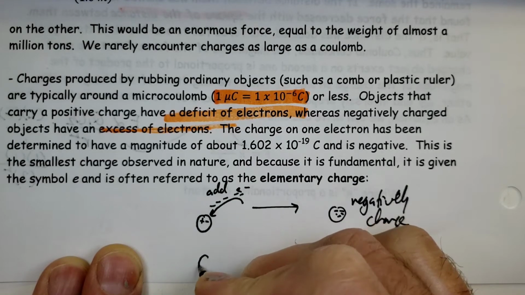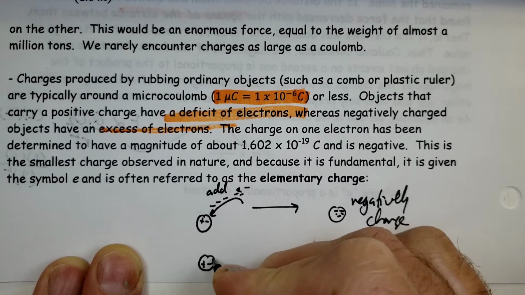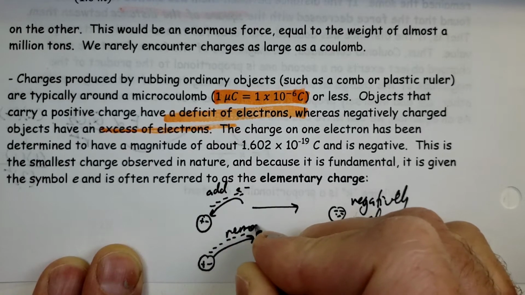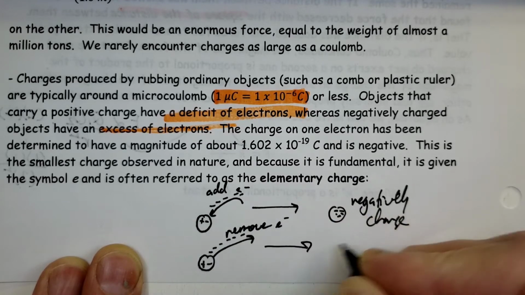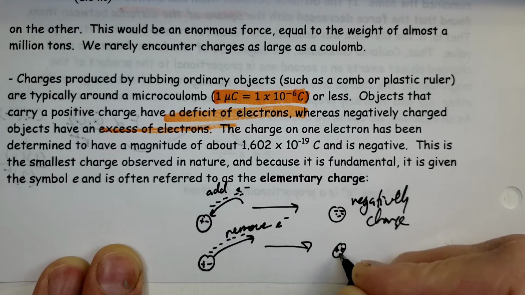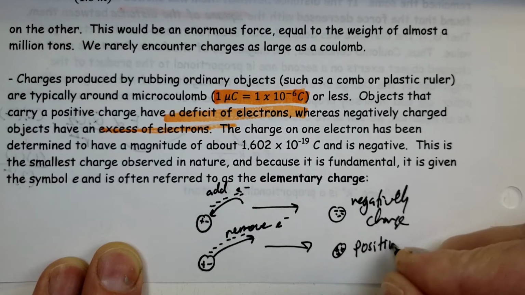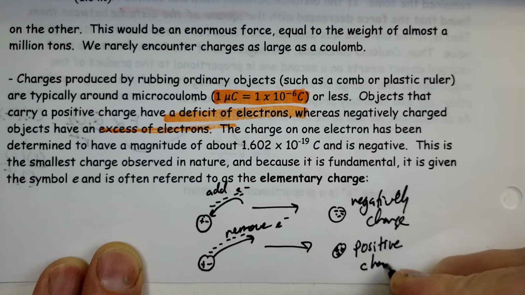If I want it to become positively charged, I need to remove electrons, and then it becomes positive. So you don't add protons or take them away because they're tied up in the nucleus. Without a nuclear reaction, we can't access them.